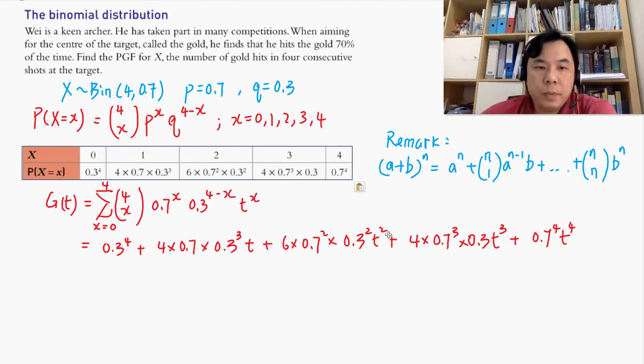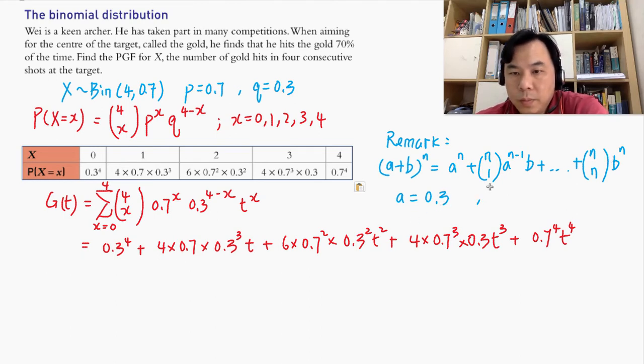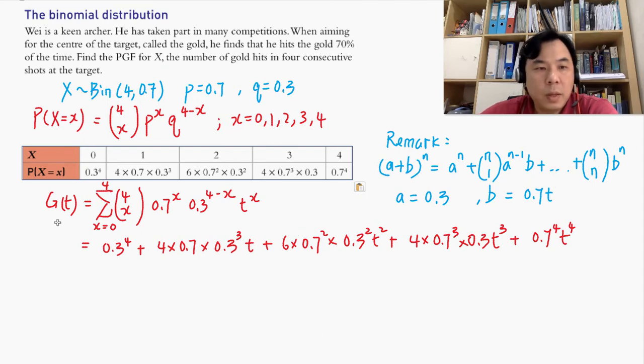Right. Now you will notice that this form looks very similar to these binomial expansions, where the a in this case is the same as 0.3, and the b is actually 0.7t here. You can join 0.7 with the t, so there's 0.7t raised to the power 4, which is our n.